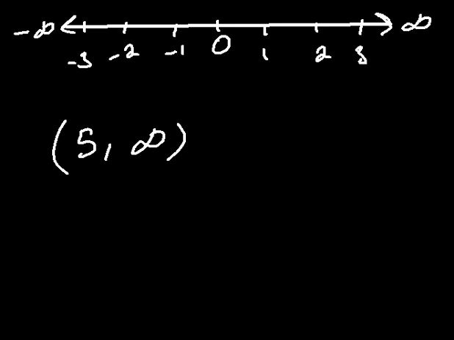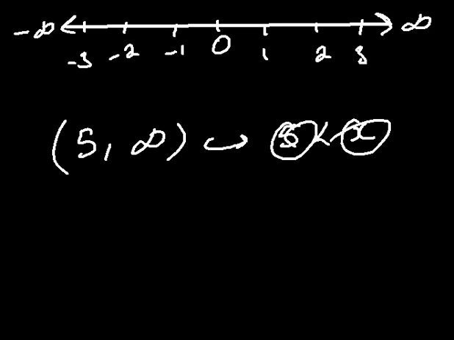So in this case, using the inequality notation, this is the same as having 5 less than x, because this x specifies the numbers up to infinity. So have it as 5 less than x.